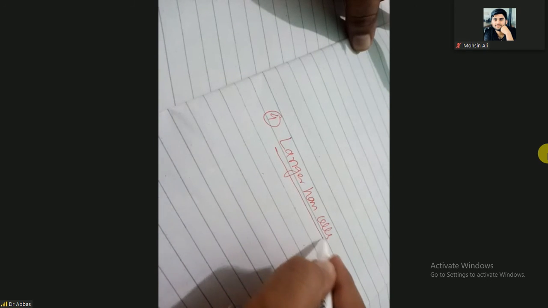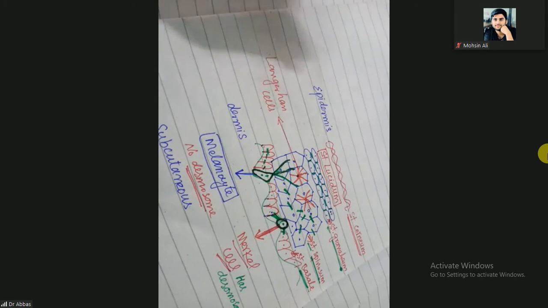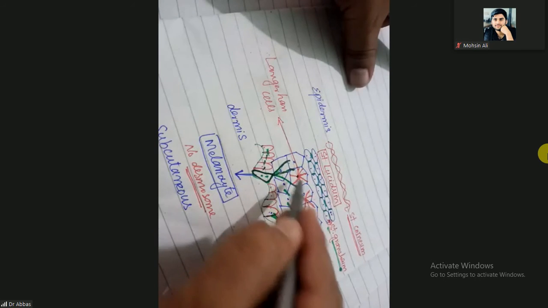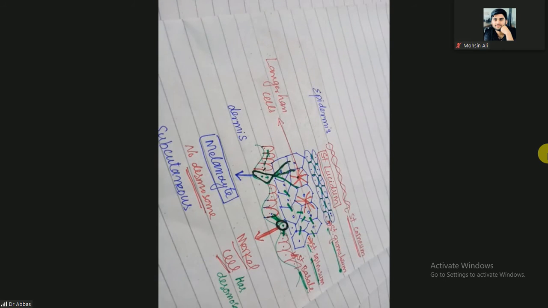You know, Langerhans cells are related to immunity. These are phagocytic in nature. Look at here, these are the Langerhans cells. These Langerhans cells are antigen presenting cells that will help for the phagocytosis.